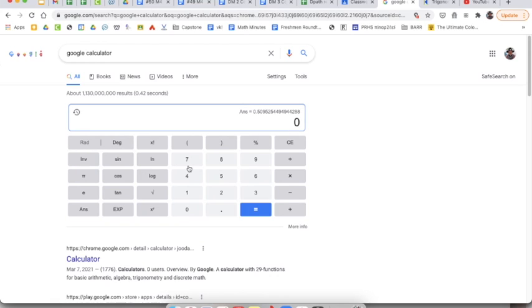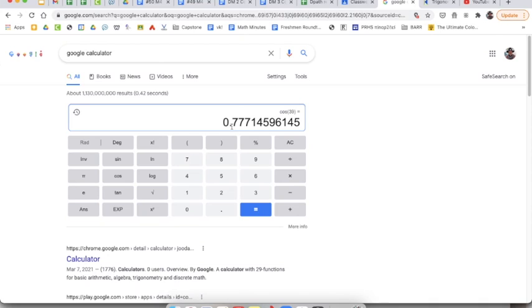So once it's set in degrees, I'm going to go over here and I'm just going to do cosine of 39, enter. And it tells me that the answer is 0.7771. And whenever we're working with trig, please round off to 4 decimal places, because the difference between two answers might be out here in the third or fourth decimal place.